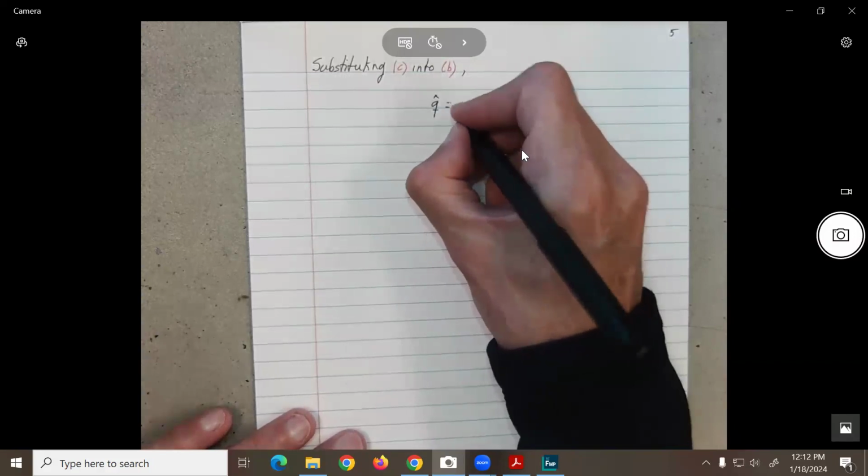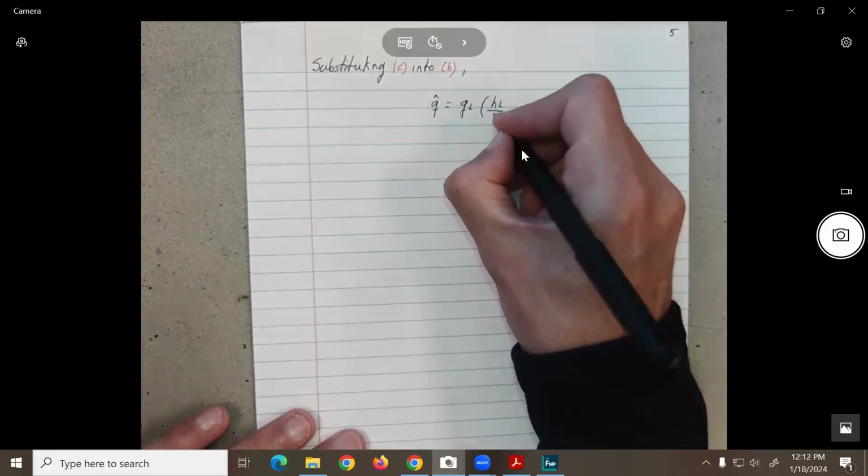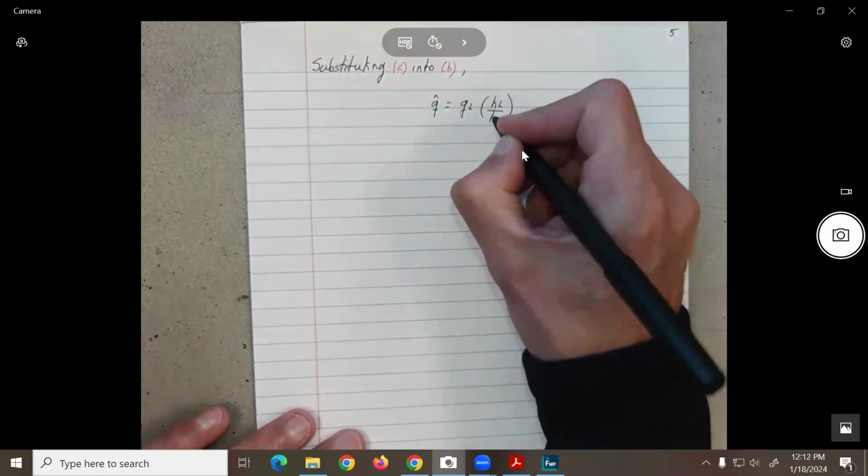So we have Q hat equal to Q sub L H long over H short.